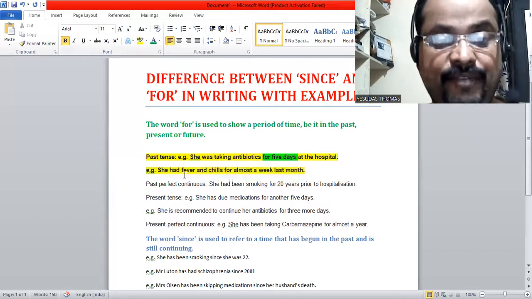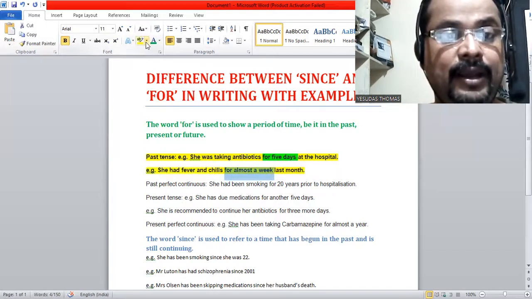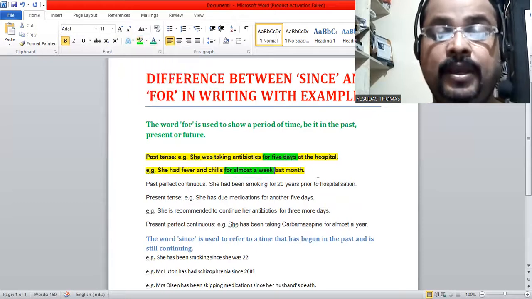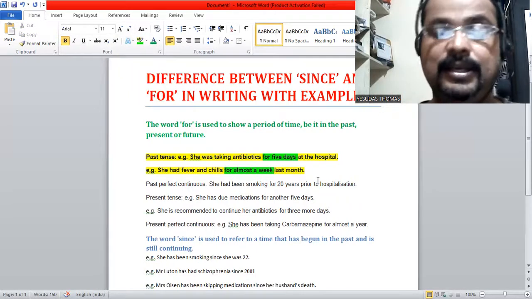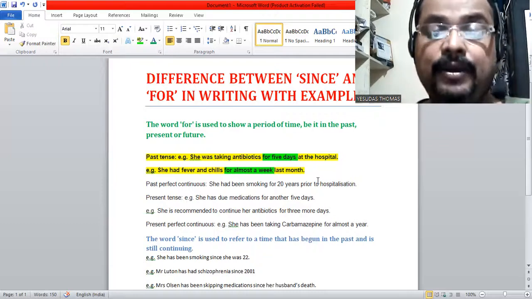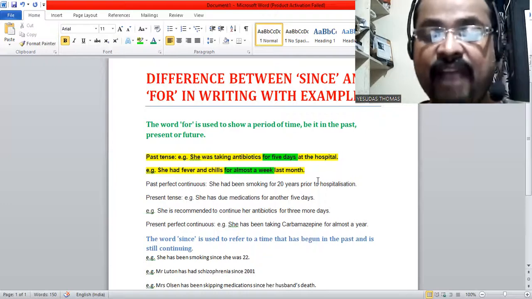She had fever and chills for almost a week last month. So again, I have shown the usage of for in past tense. Both these sentences are framed in the past tense. She was taking antibiotics. How long? For 5 days at the hospital. She had fever and chills.